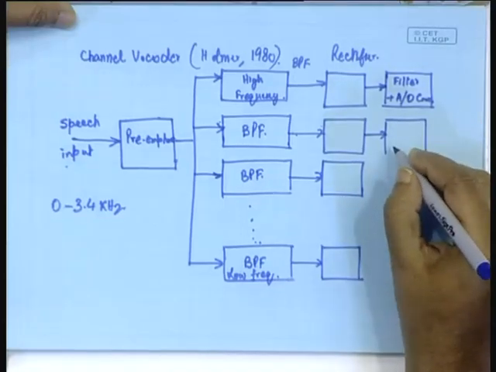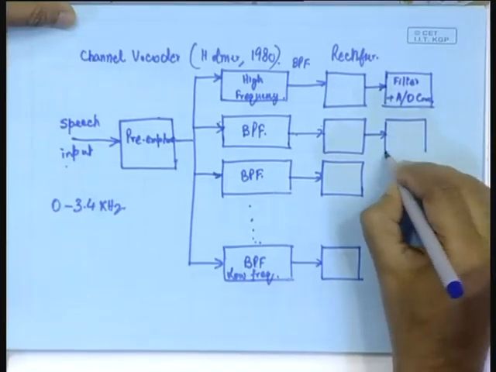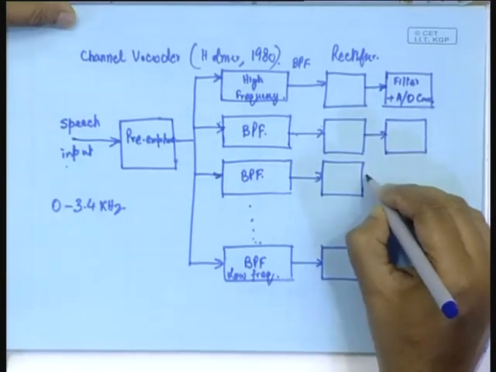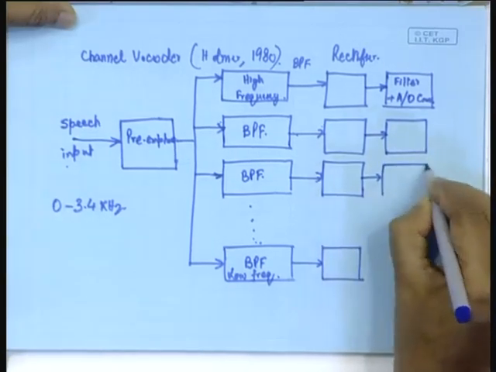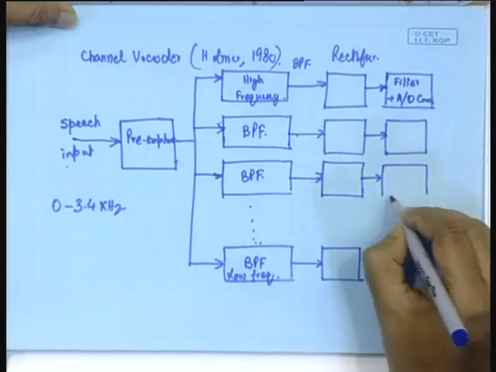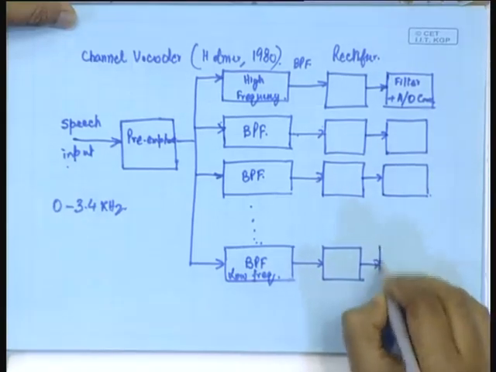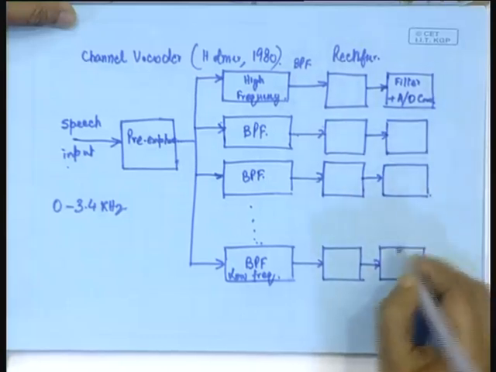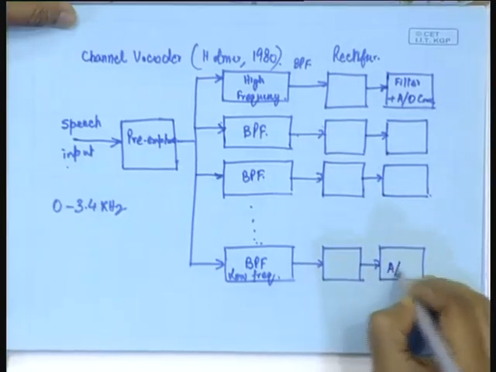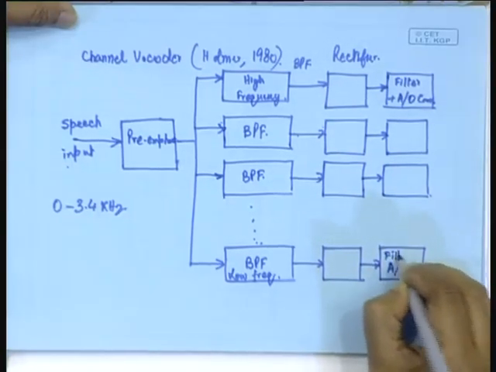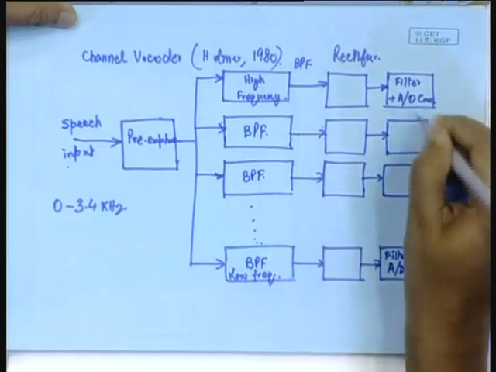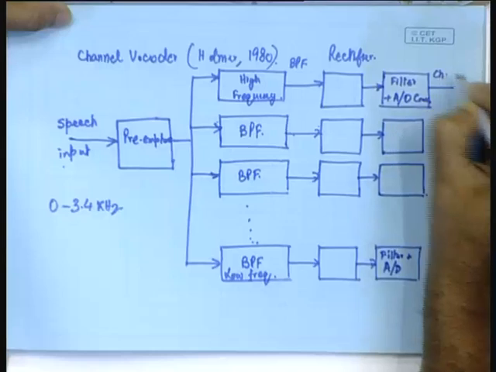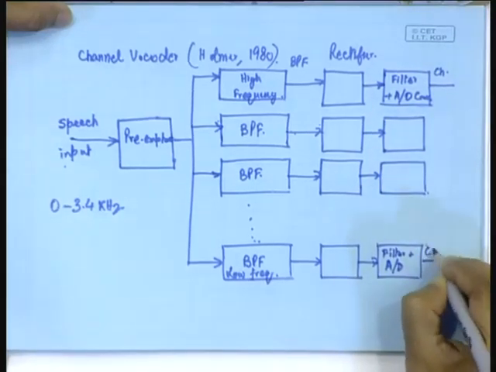Typically, in Homer's implementation, we have 19 such channels. So, we can number the channels like this. All these are the different filter plus A to D blocks, and we start the channel numbering from the lowest frequency.